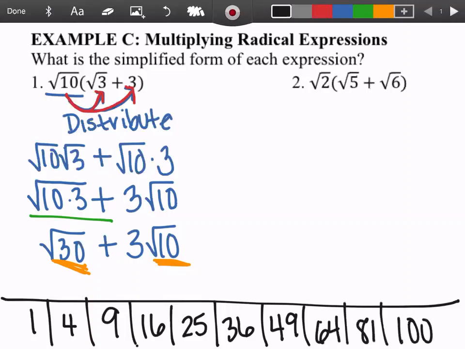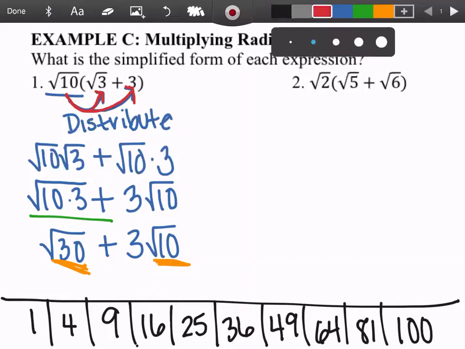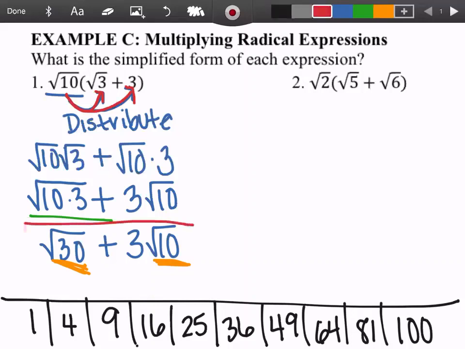We can go further than that, but looking at all of these numbers on the bottom, none of those numbers divide into either 10 or 30. So we are good. This is our final answer here. We can't simplify it down any further.